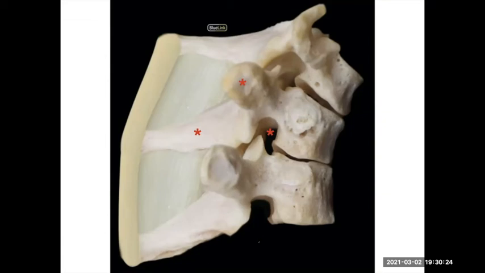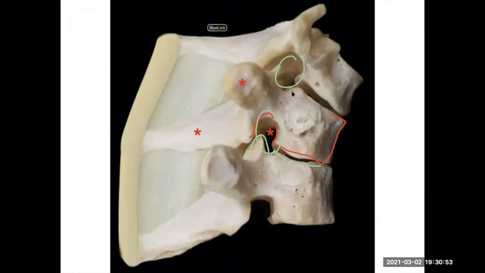This is vertebrae 1, and then this is vertebrae 2. Each one has this little arch over here, and together they make up these holes called the intervertebral foramen. That's where your spinal nerves are coming out of.